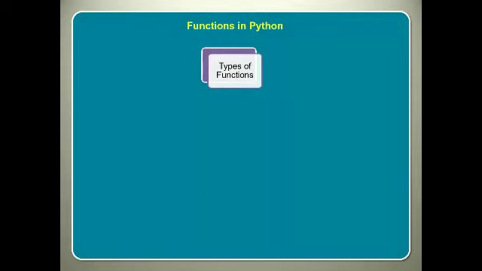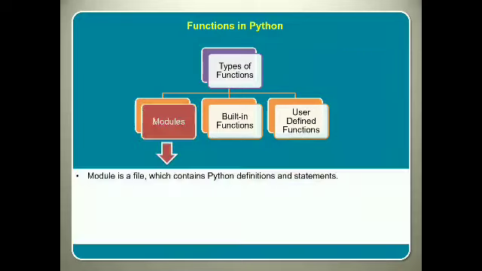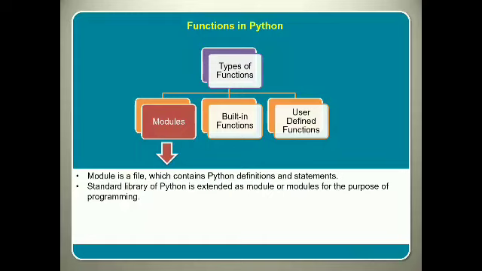Functions can be categorized into 3 types: modules, built-in functions, and the first category of functions, module, is a file which contains Python definitions and statements. Standard library of Python is extended as module or modules for the purpose of programming.